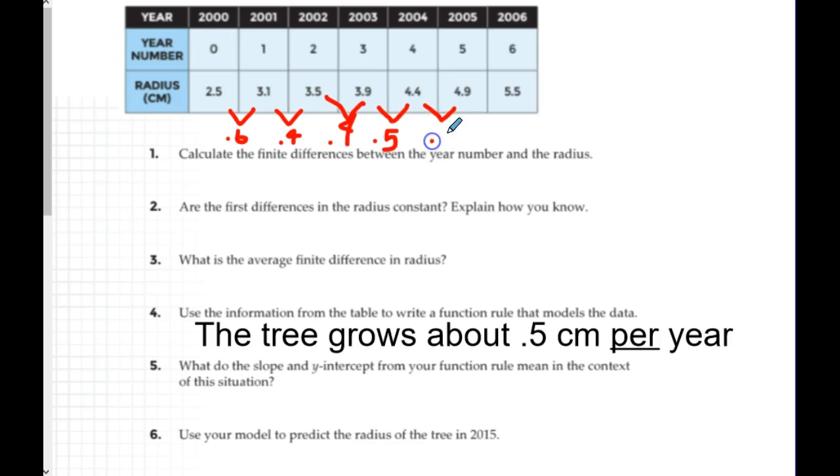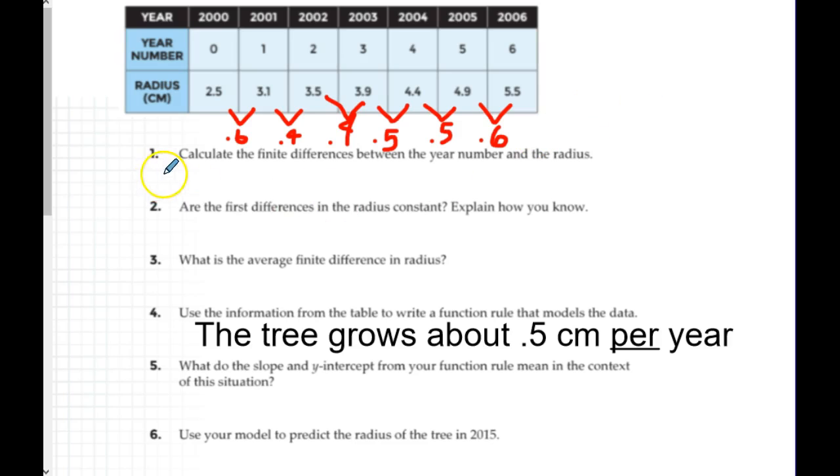Okay, 0.5 again. And then 0.6. So, what do you notice about these differences? They're not all the same, but they're not super different, right? They're not like doubling or something. They're just 0.1 off here and there, right?